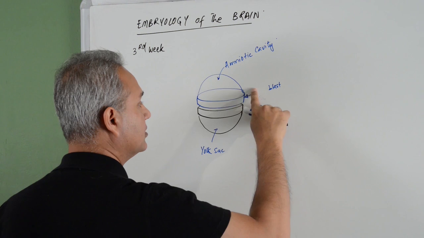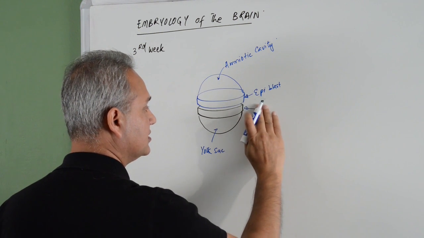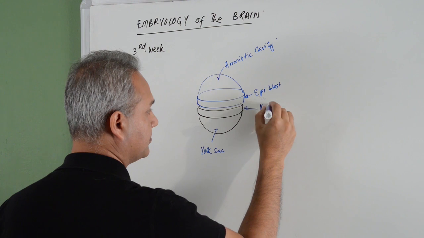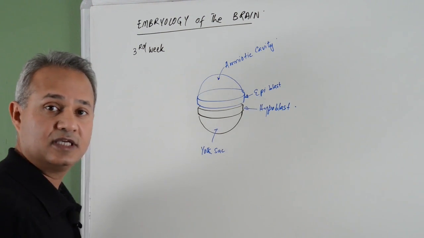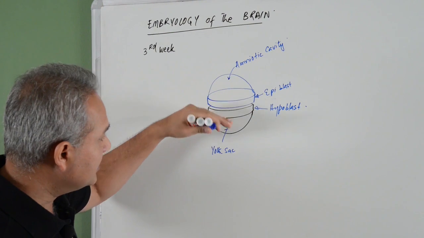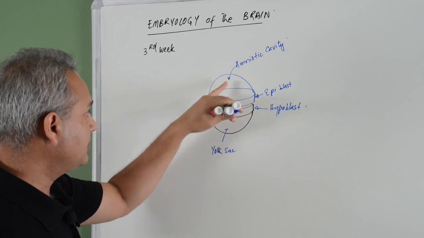I named them wrong. This is epiblast and this is hypoblast. So these are the structures. Now the epiblast and the hypoblast are the 2 germ layers. This is the amniotic fluid.